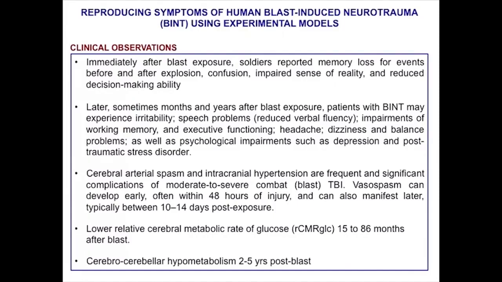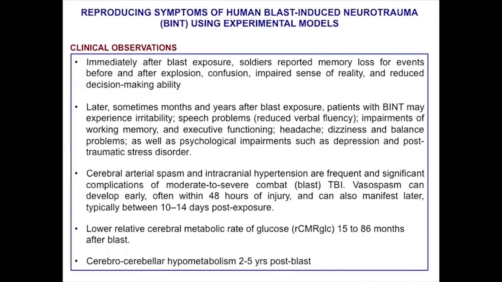Cerebral arterial spasm and intracranial hypertension are frequent and significant complications of moderate to severe combat blast traumatic brain injury. Vasospasm can develop early, often within 48 hours of injury, and can also manifest later, typically between 10 to 14 days post-exposure.